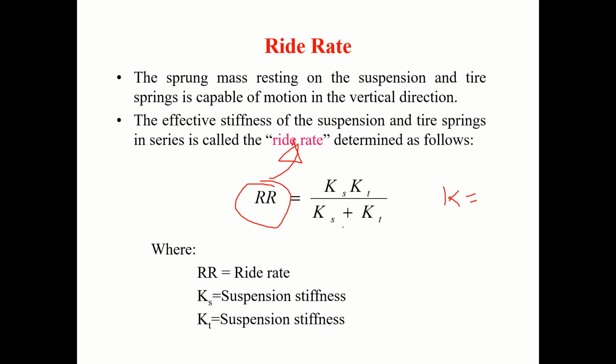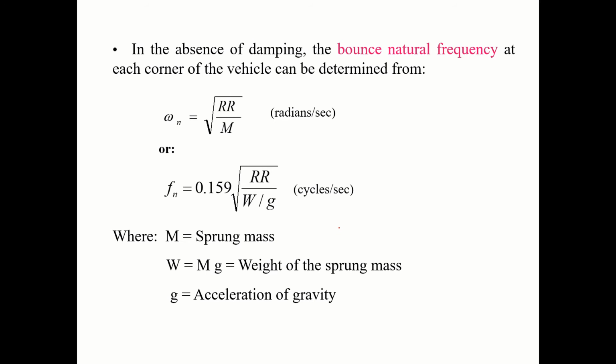Now next, the natural frequency of the vehicle, root of K by M, is the natural frequency of the sprung mass. Here it is the ride rate by M, the quarter car mass. So this is how we can find this.